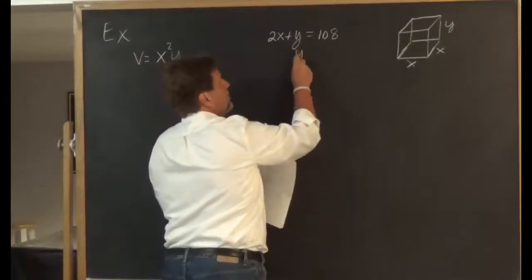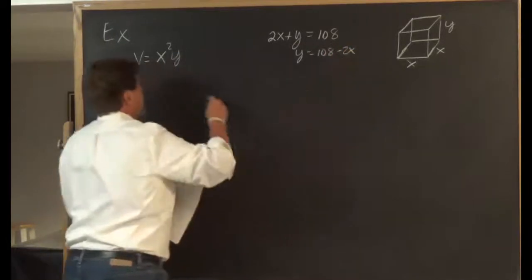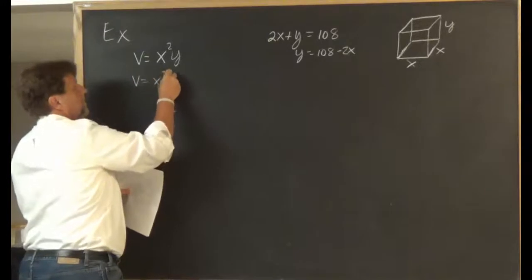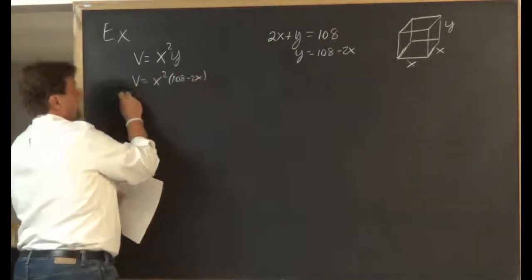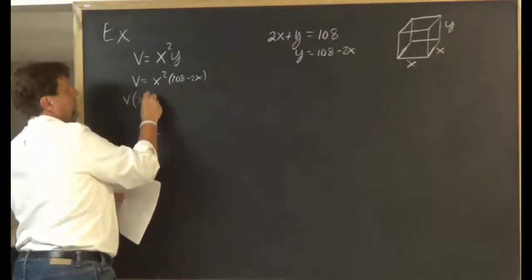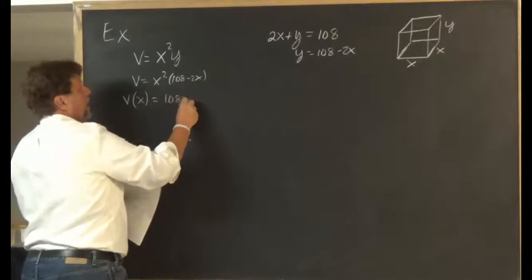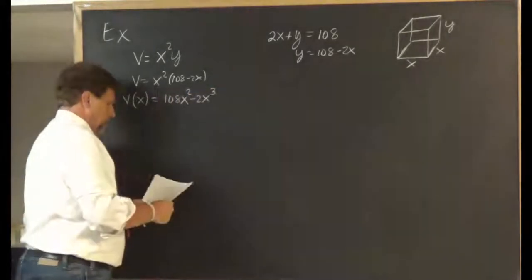Subtract 2x from both sides. Substitute that in here. We now have volume as a function of one variable, x, and it's 108x squared minus 2x cubed.